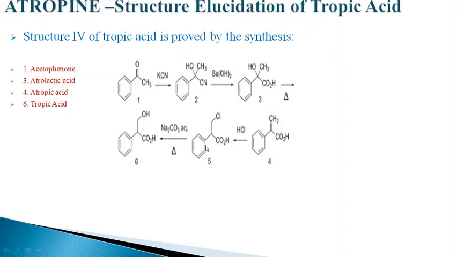So on an unsaturated acid, this addition took place contrary to Markovnikov's rule. This fifth compound, on hydrolysis, undergoes nucleophilic substitution, and Cl is substituted with OH, yielding tropic acid. So this is the synthesis of tropic acid, which confirms our probable structure 4.